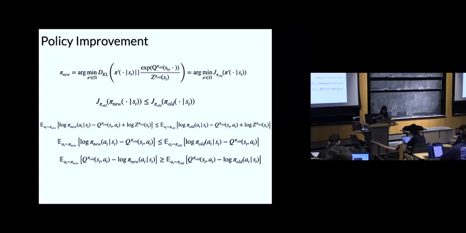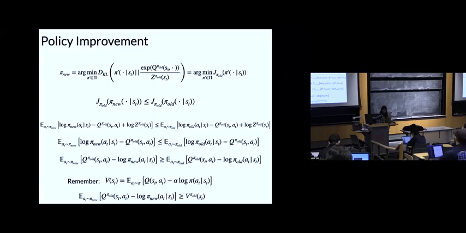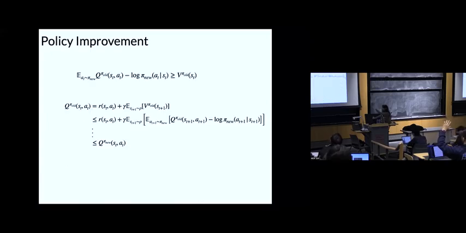So I wrote down the math for you, but I'm not sure we should go through it now. You do exactly what we did for policy iteration for deterministic policies. You iteratively open the expectation on the right-hand side here, as you see, till you are able to connect the Q pi old of S, A to the new policy. Okay.